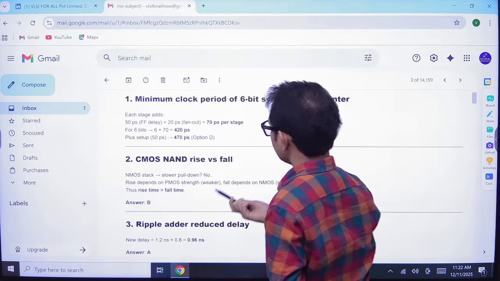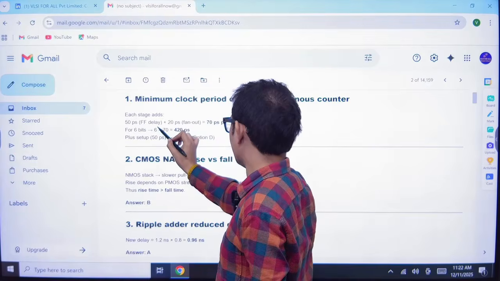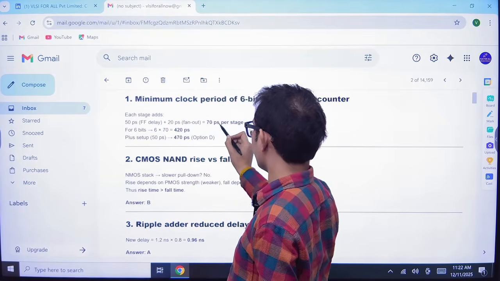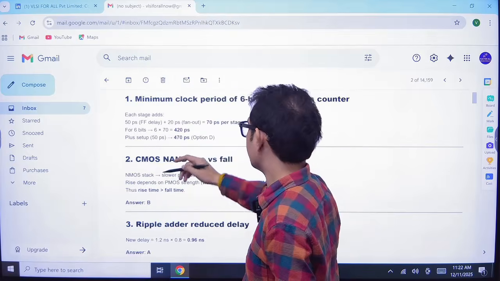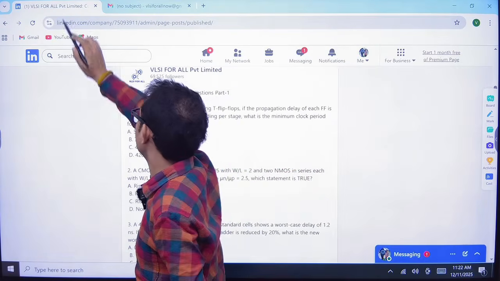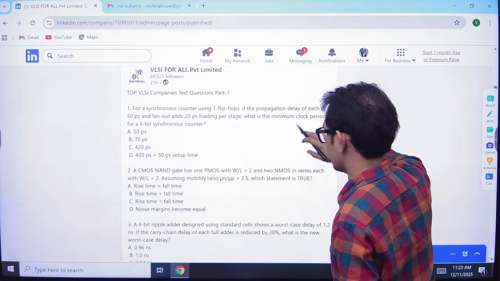It's simple only. Delay of each flip-flop plus fan-out of each flip-flop, 70 into 6 because it is 6 stages, plus setup time. That is simple, but it was asked in different companies, so we are discussing it.